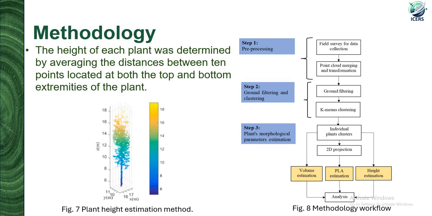Further, K-means algorithm was implemented to segment each plant from the non-ground points. Then from the individual plant point cloud, plant volume, projected leaf area, and plant heights are estimated for the plant species identification from a common field.